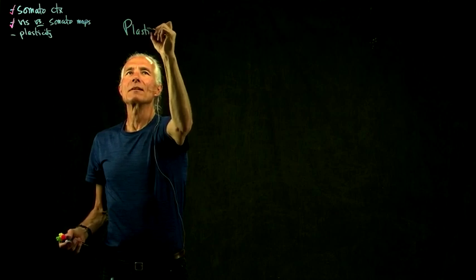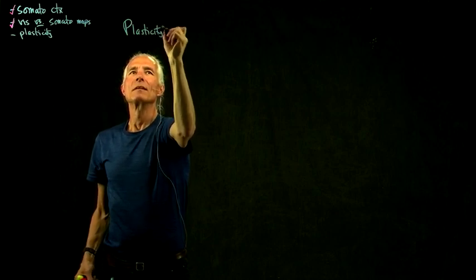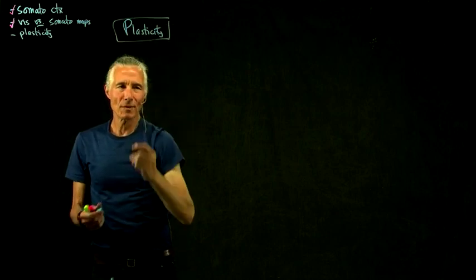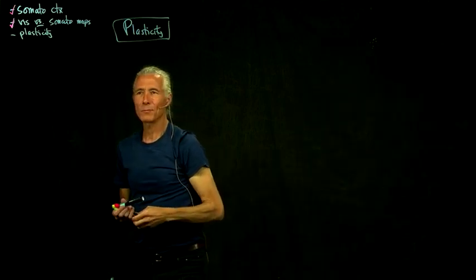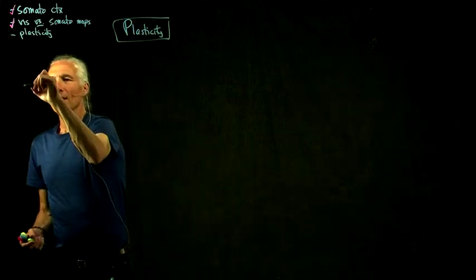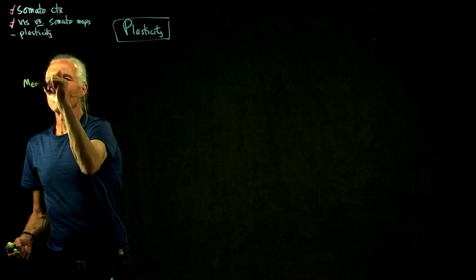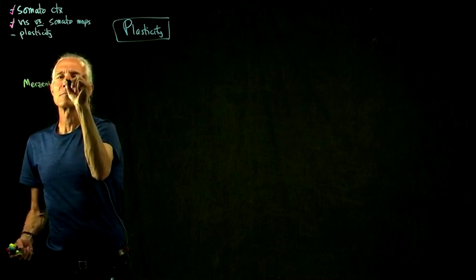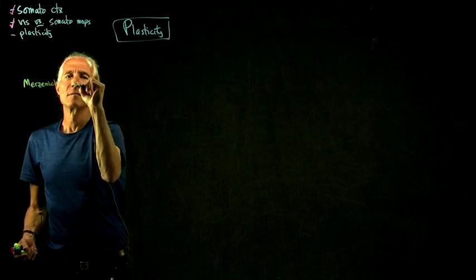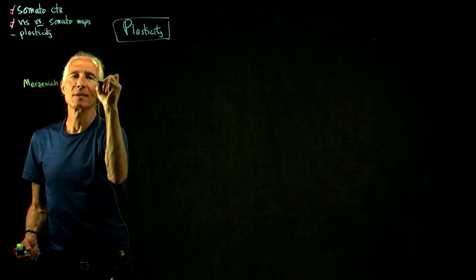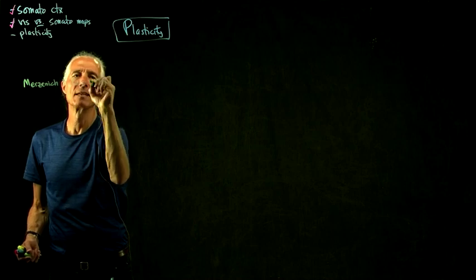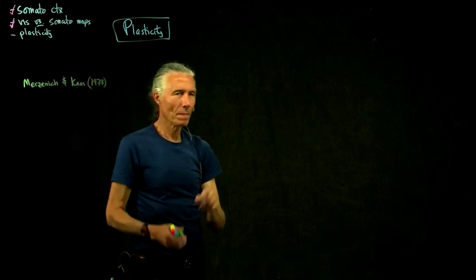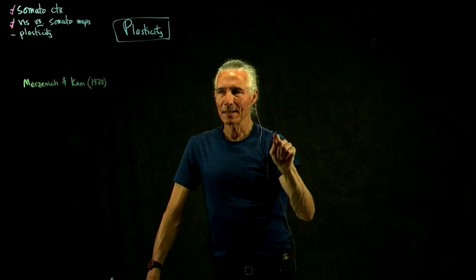When the fine details of these maps were first discovered, I put one of the readings in there. There was this well-known paper with Merzenich and Kaas in 1978, and that's when they finally really mapped these things in very fine detail.